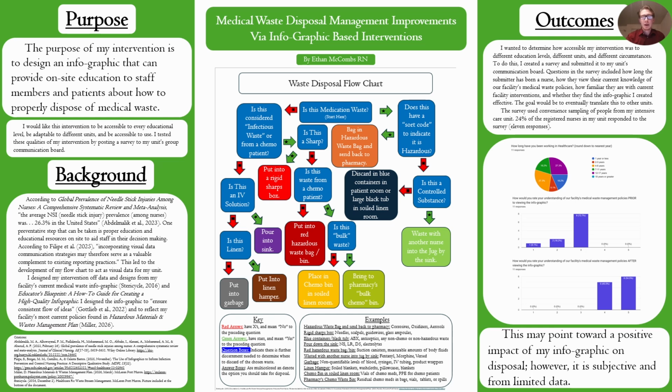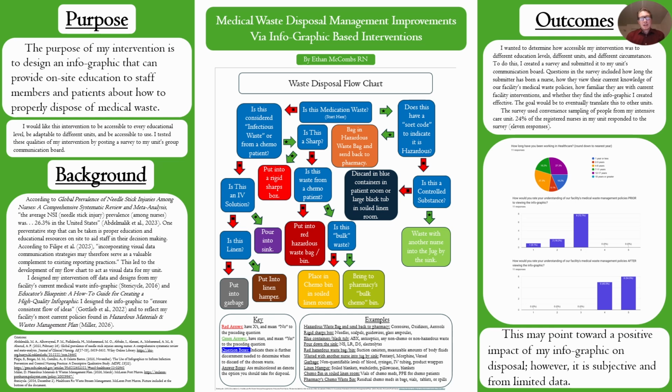Some background on my infographic. According to Global Prevalence of Needle Stick Injuries Among Nurses, a comprehensive systematic review and meta-analysis, the average needle stick injury prevalence among nurses was 26.3% in the United States as of 2023.